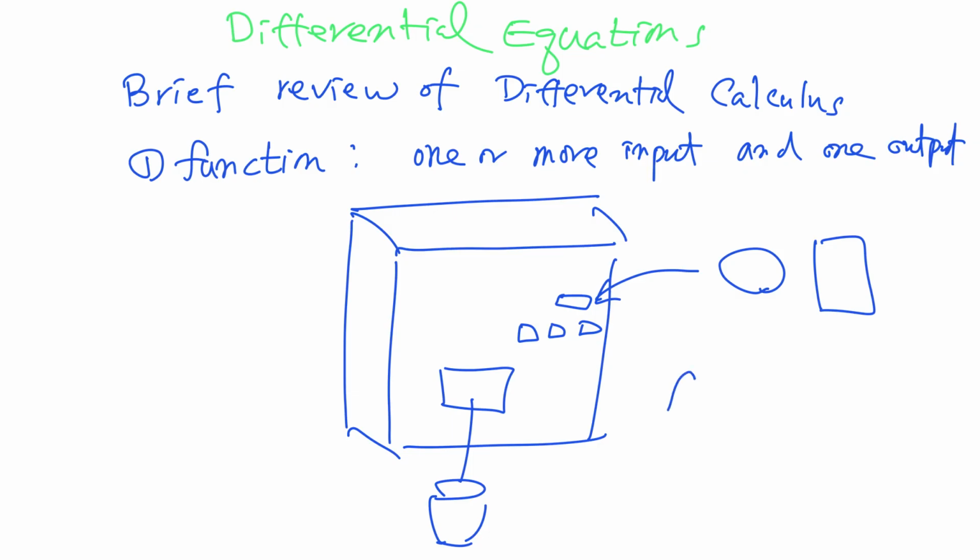The function is usually real number to real number, so we are going to cover only the real number case, and say y is f(x). So x is the domain, and R is called the range.